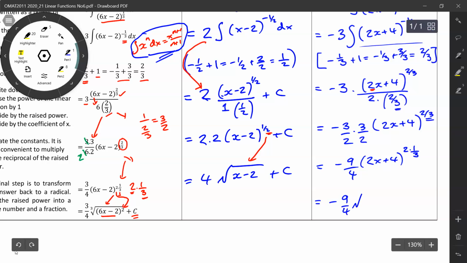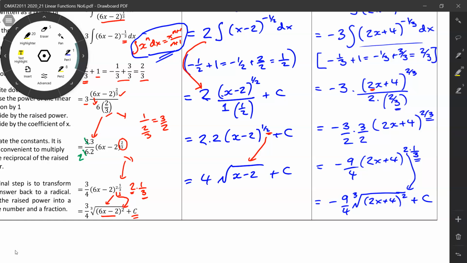I open up the root symbol. It's 1/3, which tells me it's the cube root. And I write the linear function. And I know that I'm going to raise that to the power of 2. So that is my final answer. Okay, thank you for listening.